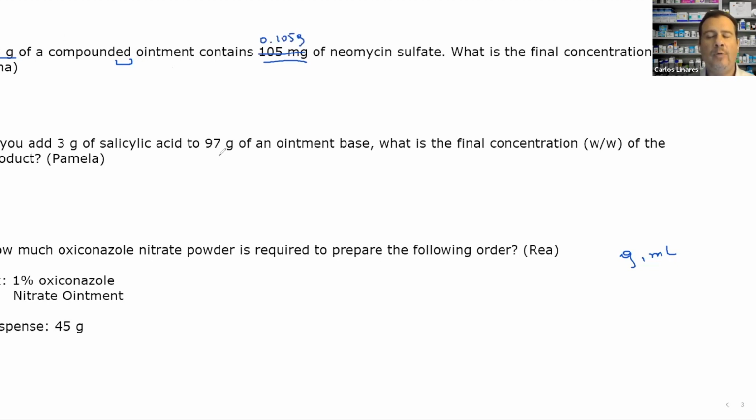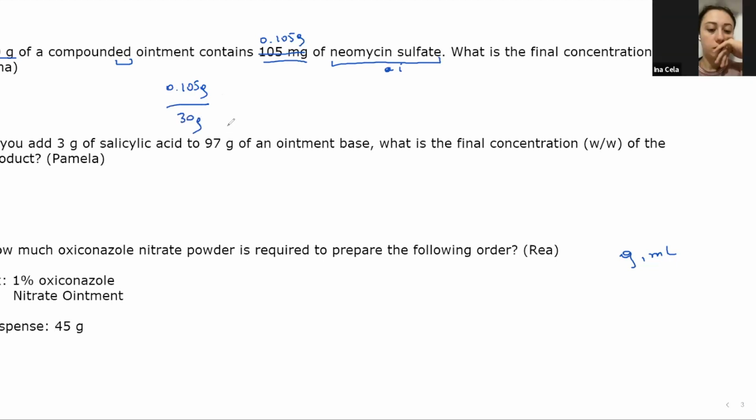That's a much smaller amount. So neomycin sulfate is the active ingredient. So it's 0.105 grams over 30 grams. Remember, it says 30 grams of a compounded ointment contains, this already has this in it.